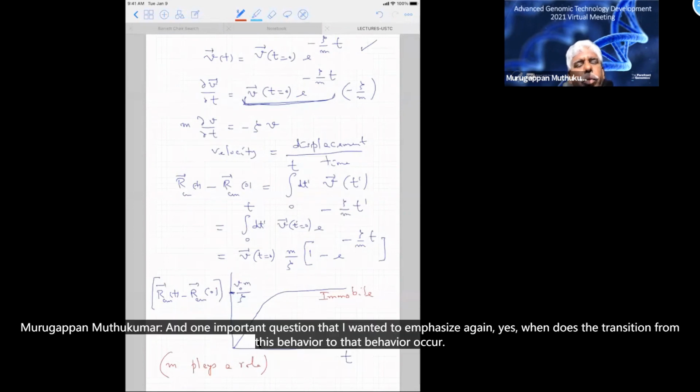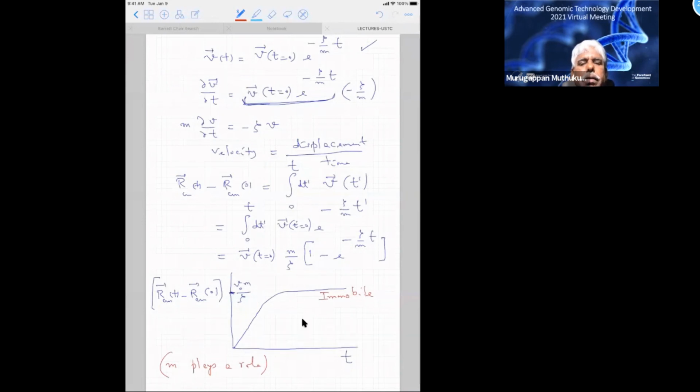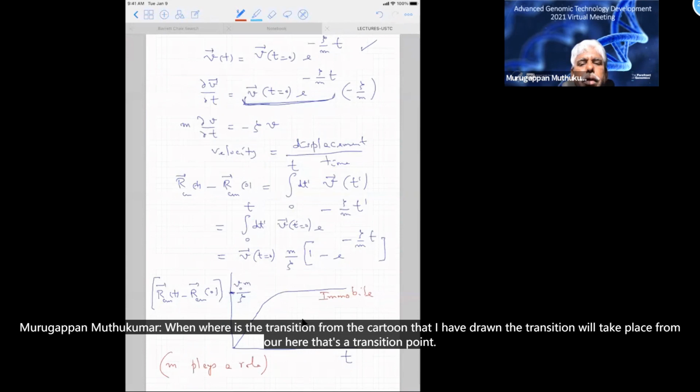One important question that I want to emphasize again is, when does the transition from this behavior to that behavior occur? Where is the transition? From the cartoon that I have drawn, the transition will take place somewhere here. That's the transition point.